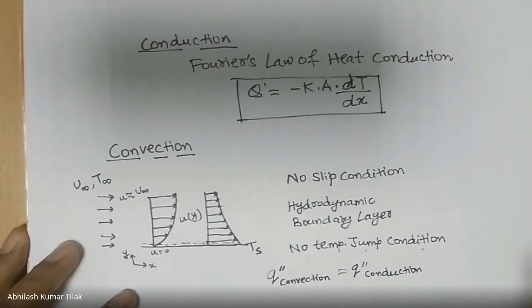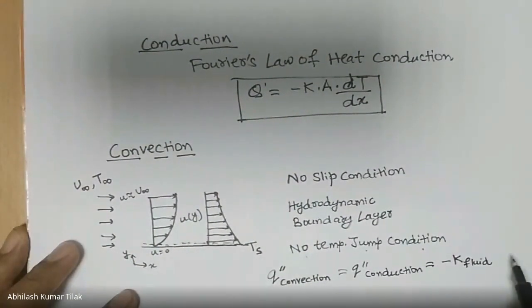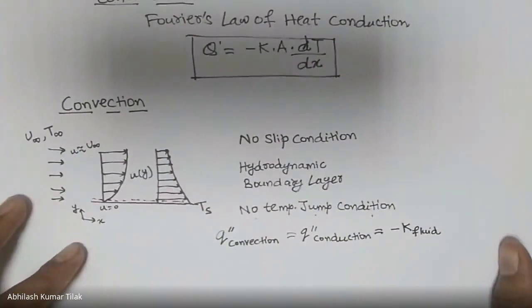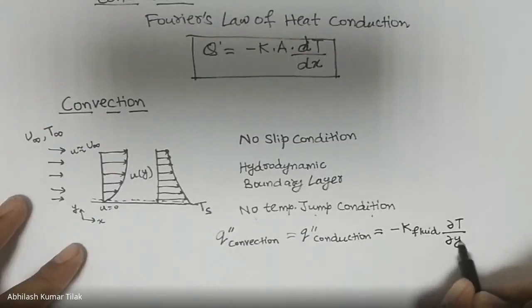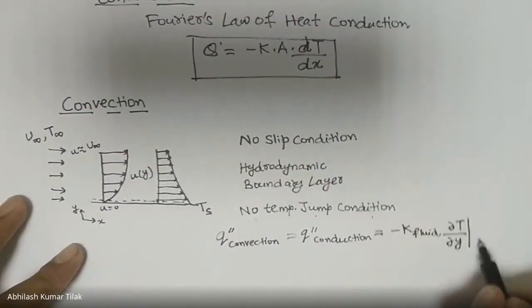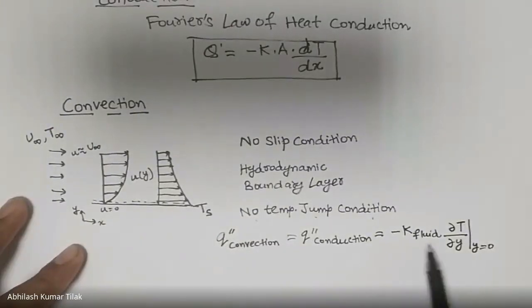And from Fourier's law of heat conduction, we have it as minus k, the thermal conductivity of the fluid, into the temperature gradient, that is dT by dy at y equal to 0. So q is minus k fluid times the temperature gradient at y equal to 0.